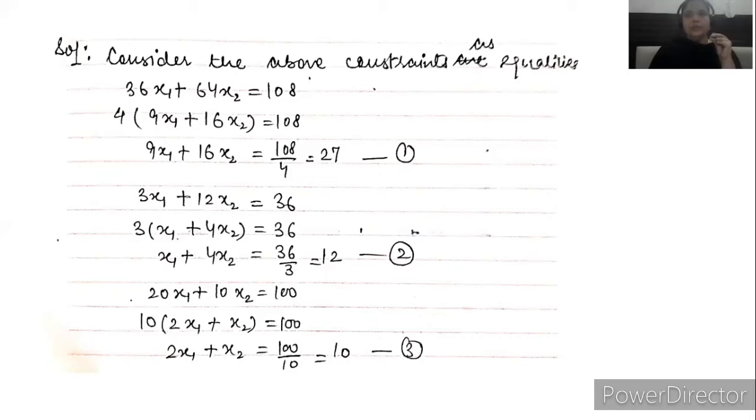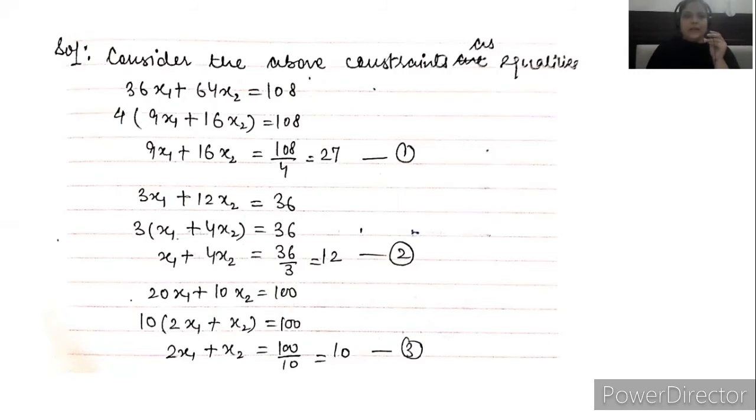We already know how to solve the problem, but I'll repeat. Consider the above constraints as equalities. First constraint is 36x1 plus 64x2 is equal to 108. We may brief this equation: take 4 common from the left hand side and divide it with the right hand side.